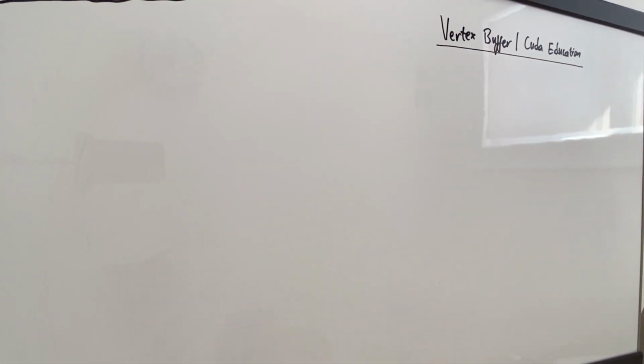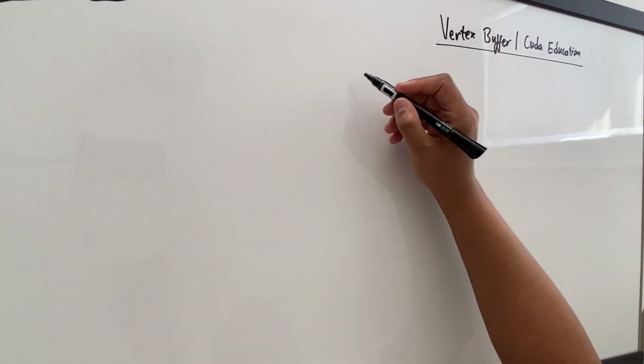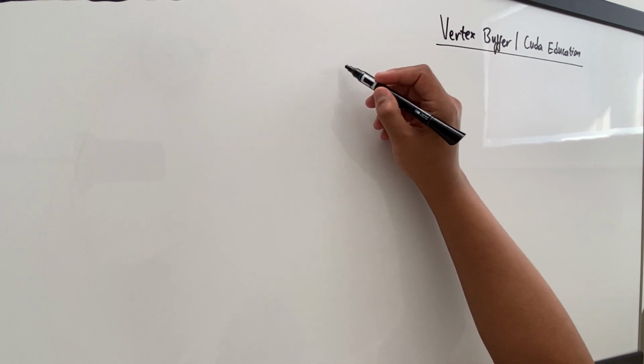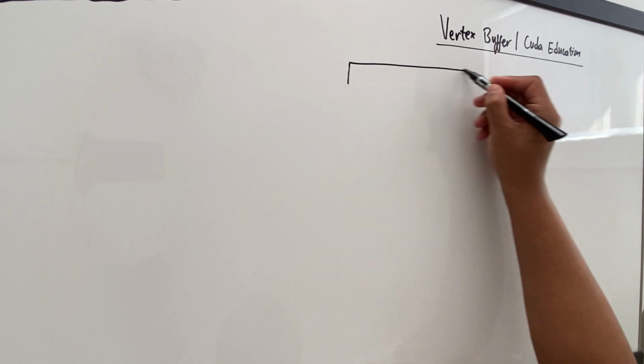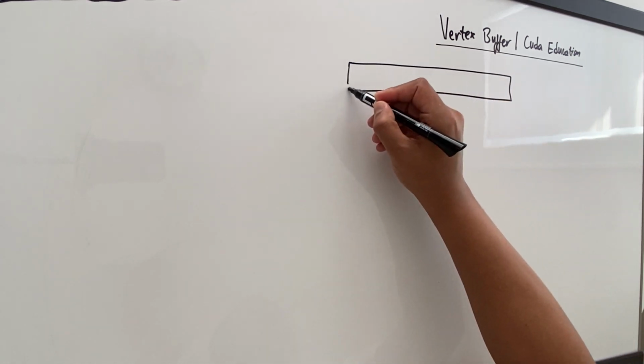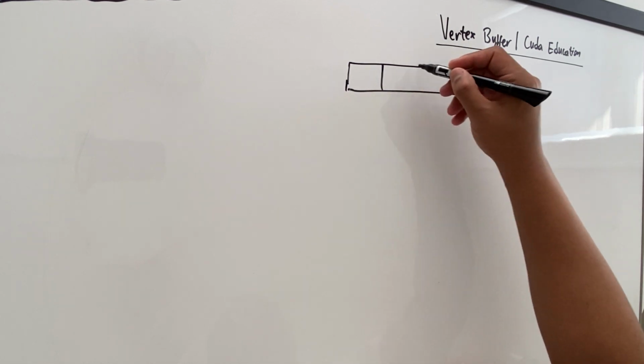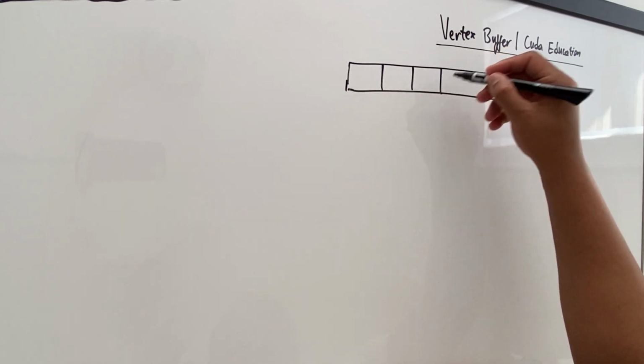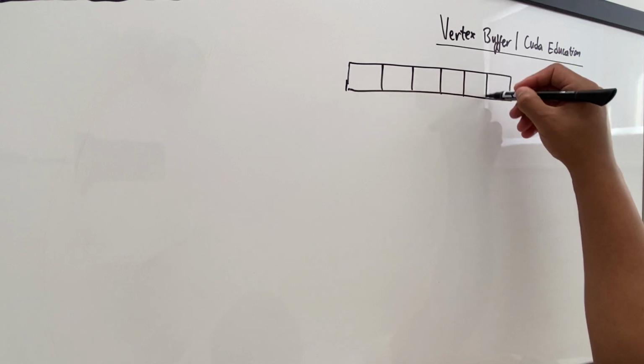It is an area of memory assigned by the vertex buffer to store vertex related information as it relates to your computer graphics application. So the vertex buffer is basically an area of memory. Okay, so that's at the heart of what the vertex buffer is.